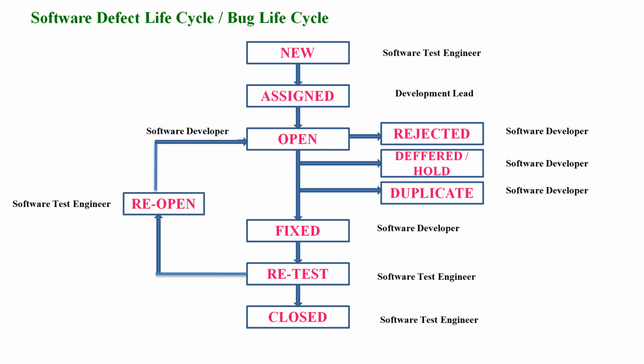After the defect is fixed by the concerned software developer, the concerned software test engineer, that means who has found that defect and who has reported that defect, he only will retest that defect. What is the purpose of retesting?